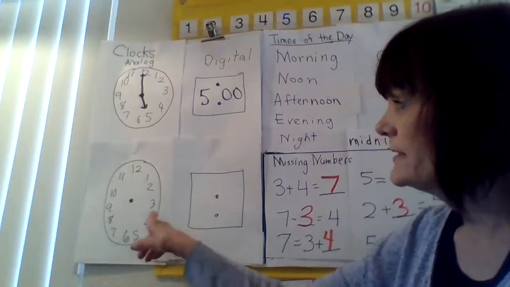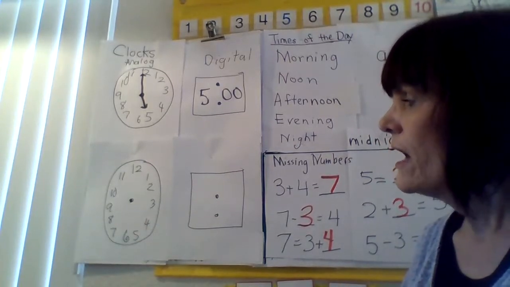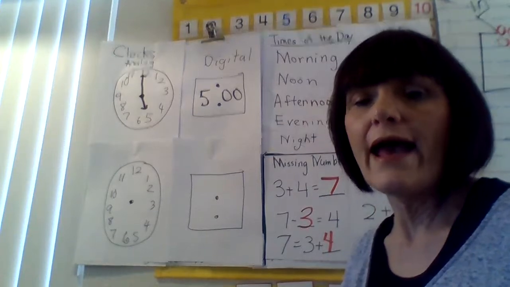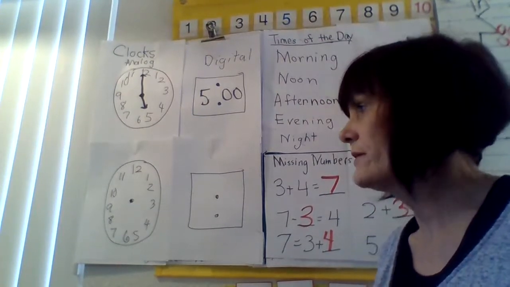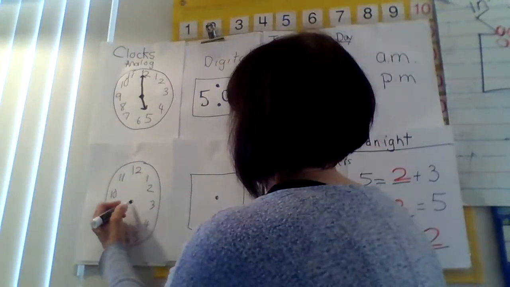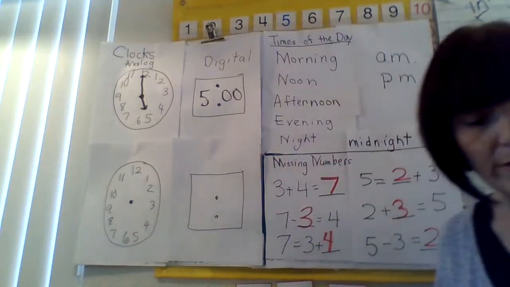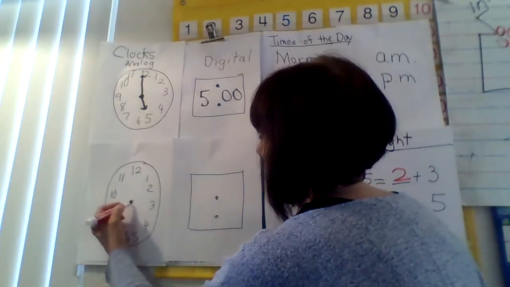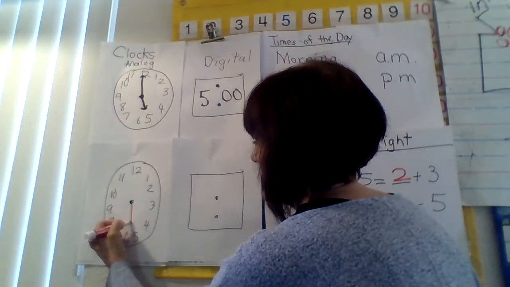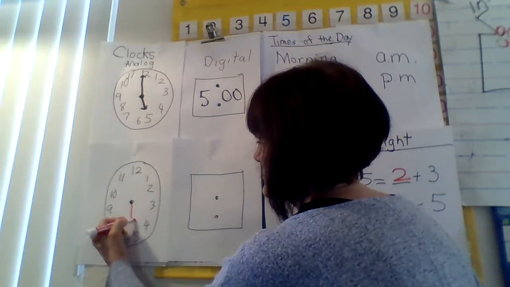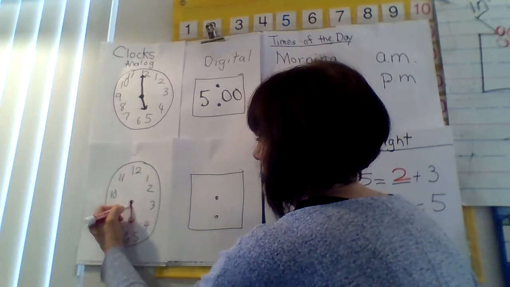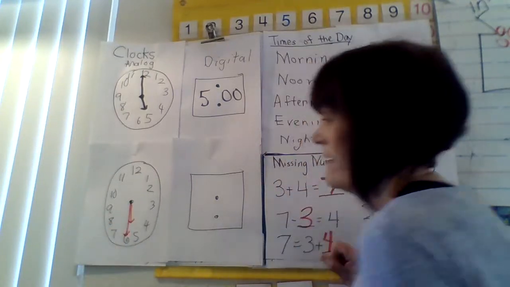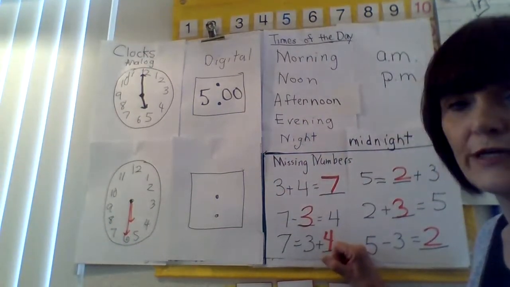Now, coming down to this clock. 5:30. I want to write 5:30 on there. So I'm going to get my red pen so you can see better. I'm going to put my hour hand going halfway to 6, and then my minute hand coming down to the 6 directly. 5:30.